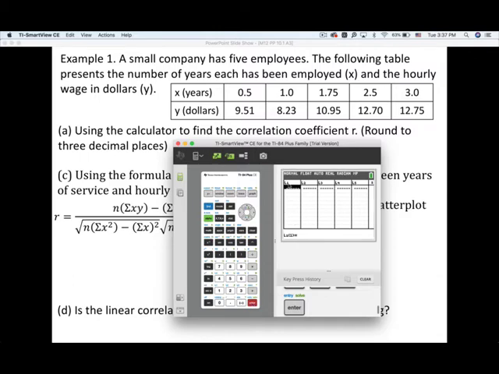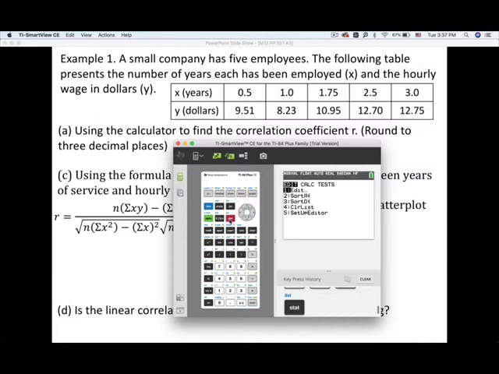So for my L1, I'm gonna plug in my X. L2, I'm gonna plug in my Y. Plug in X on your L1, Y on your L2.